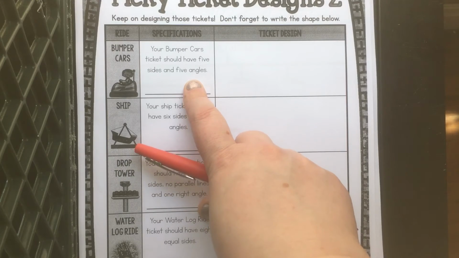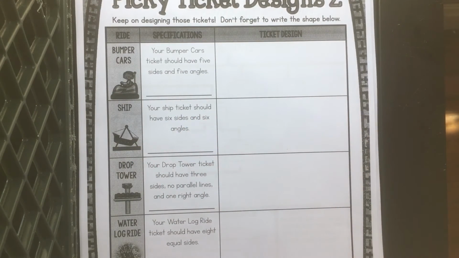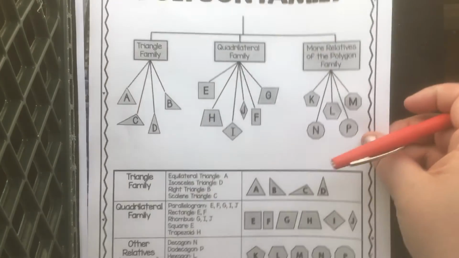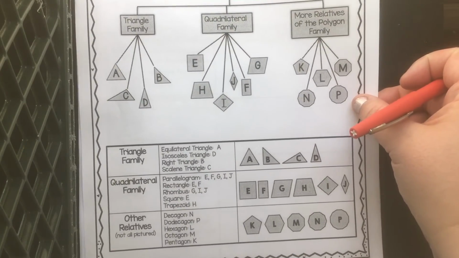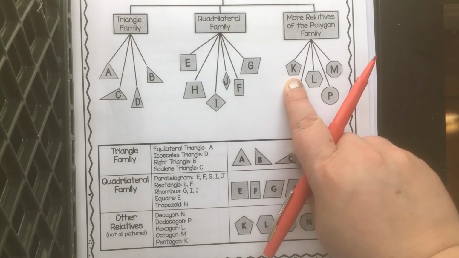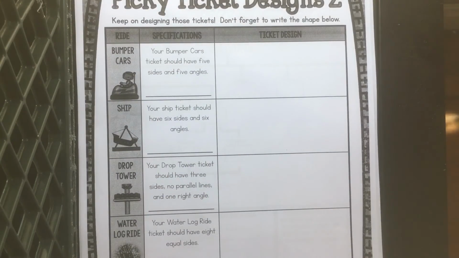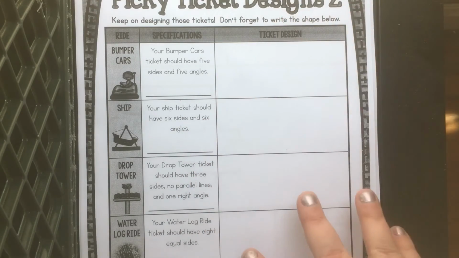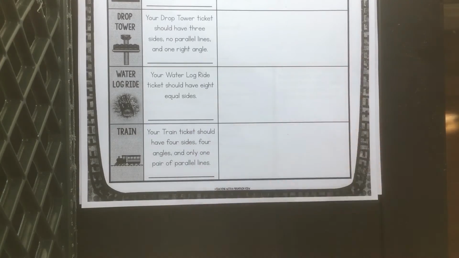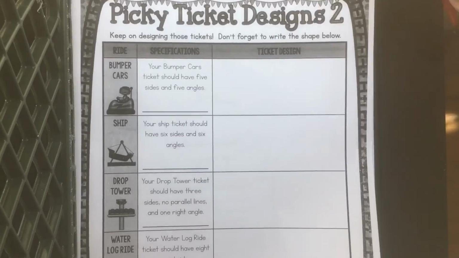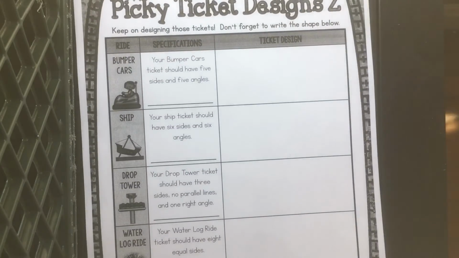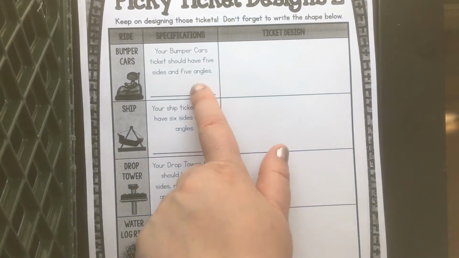All right, and again, you can pull up your reference sheet if you need to. A 5-sided shape is your pentagon. So you're going to draw a pentagon and then design the ticket. 6 sides. All right, so use your reference if you need to. 8 equal sides. So it's supposed to be a fun activity to work on your geometry. All right, and then don't forget to put the name of the shape.